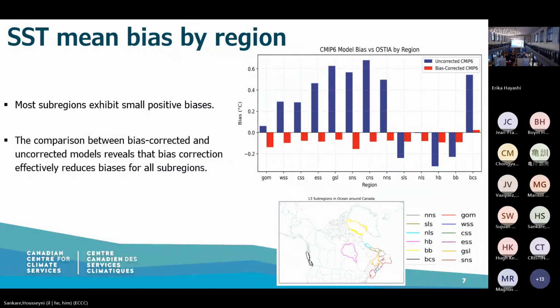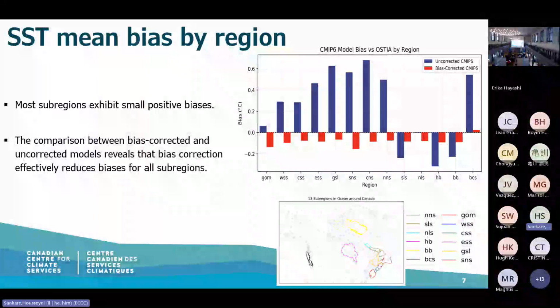We see here two sets of values. The blue one is the unadjusted raw model output, and the red one is the bias-adjusted output, which allows a direct comparison of the model performance before and after the bias correction.